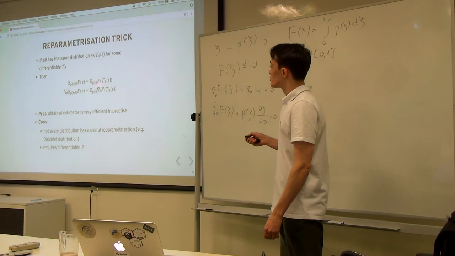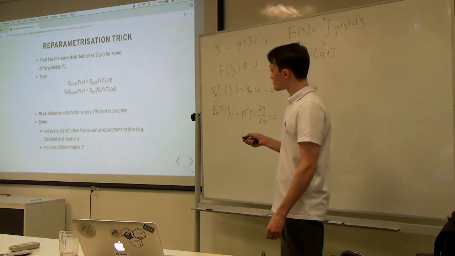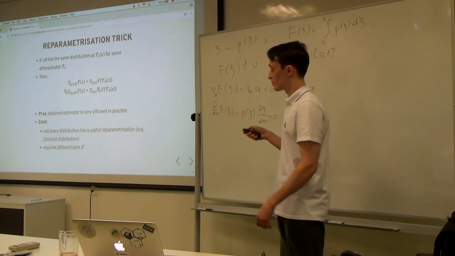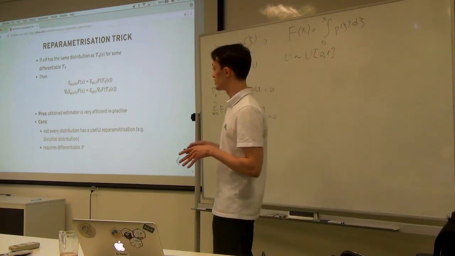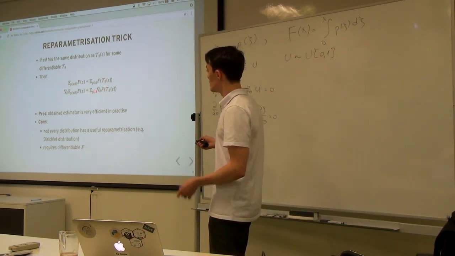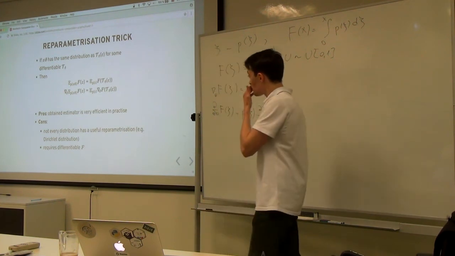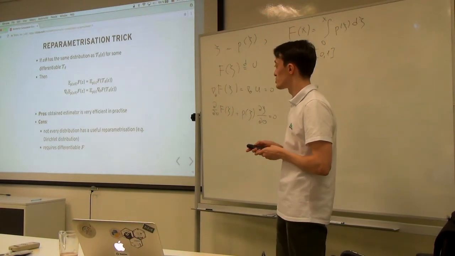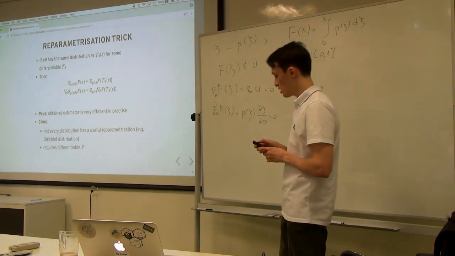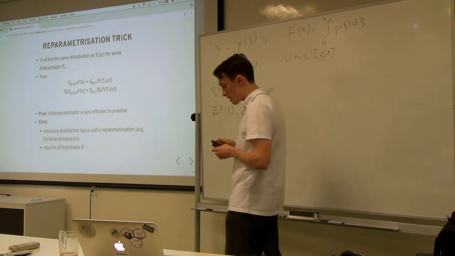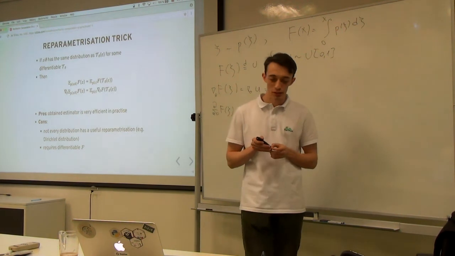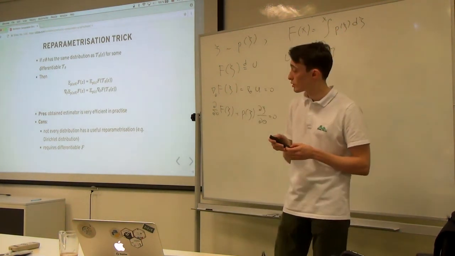So when you differentiate this thing, you can just exchange the differentiation and the expectation, and get this formula. And that can be efficiently computed using standard backpropagation. In practice, this is a very efficient estimator. However, it's not as general as we might want it to be.